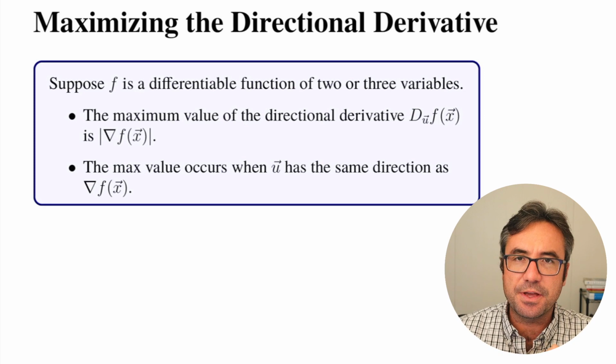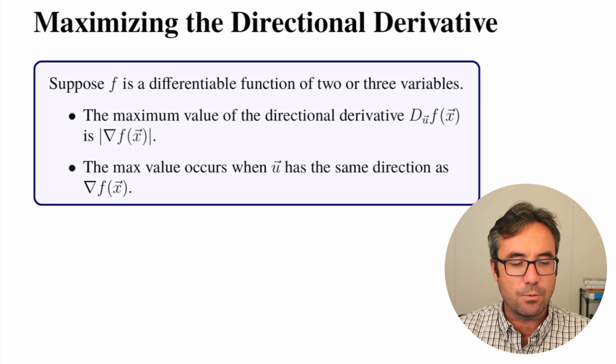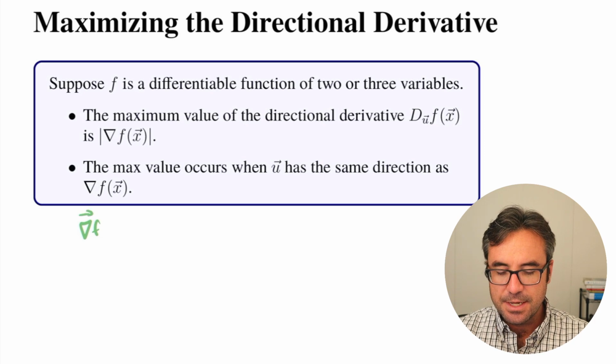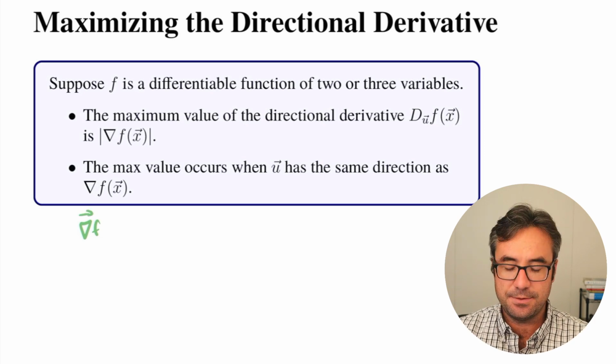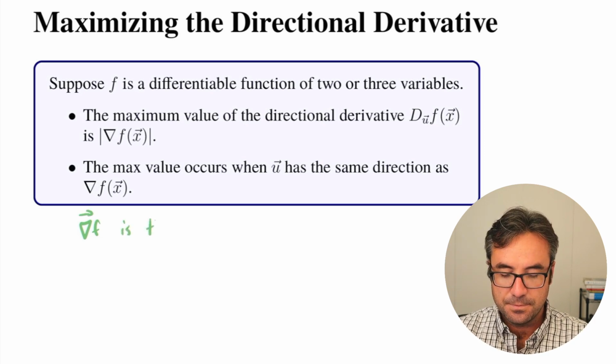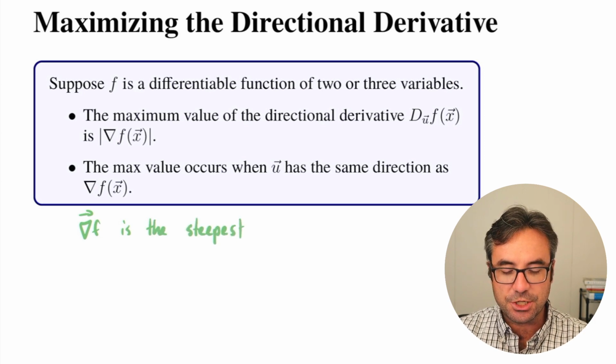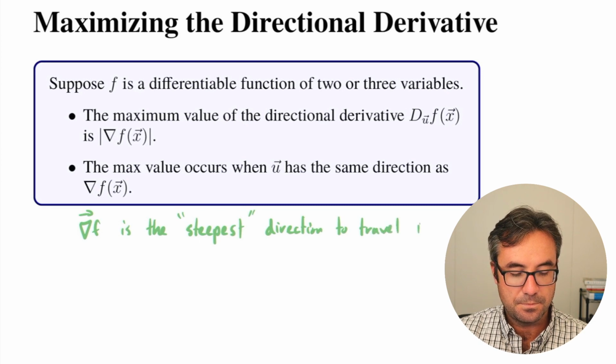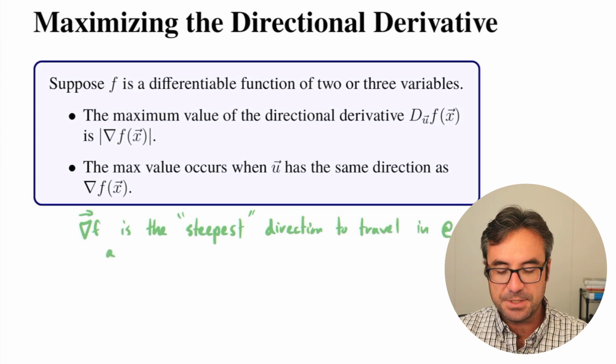So that's the way you want to think of how this gradient works: the gradient is telling us the direction that is the steepest direction we can travel in at a specific point.